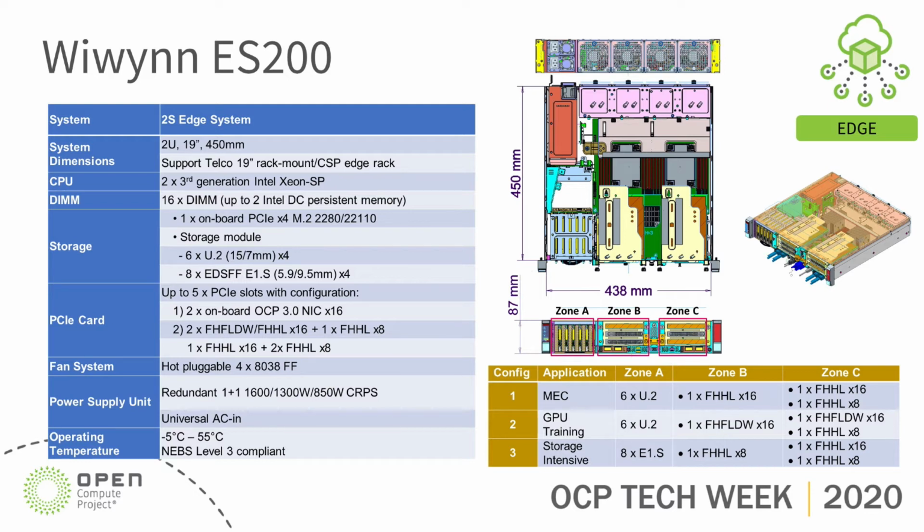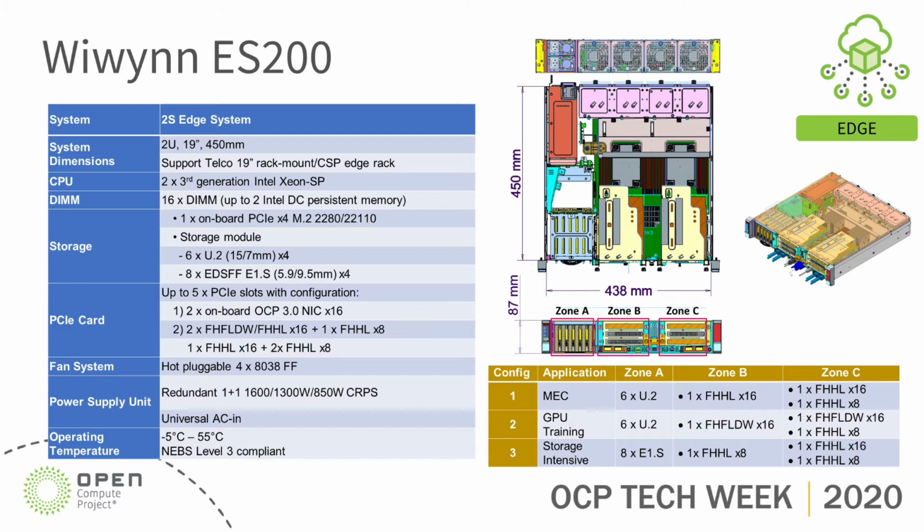In the meanwhile, because of the widely deployed edge environment, we support universal AC input to fulfill worldwide requirements. In the operating temperature, as mentioned, the harsh environment could be the edge installation condition, so its operating temperature is a wide range from -5 Celsius degrees to 55 Celsius degrees. In the meanwhile, the ES200 will also support NEBS level 3 compliance.